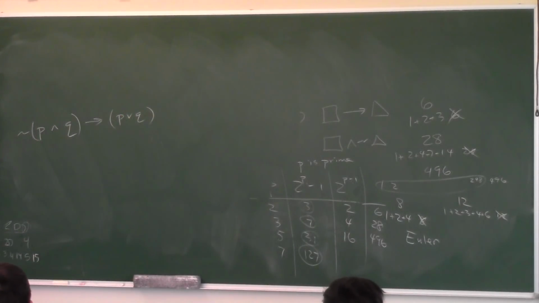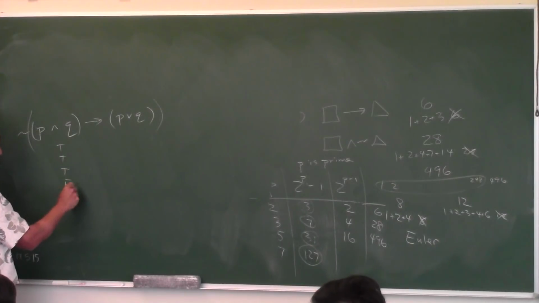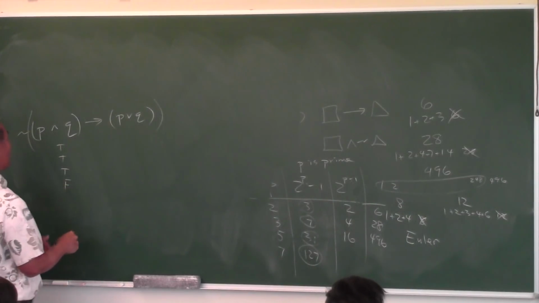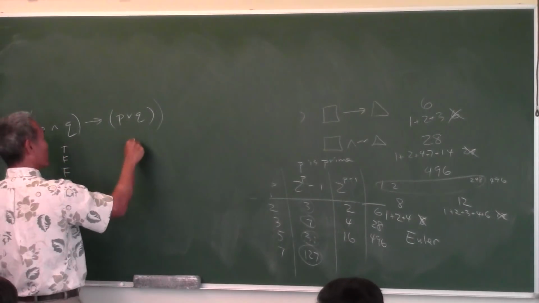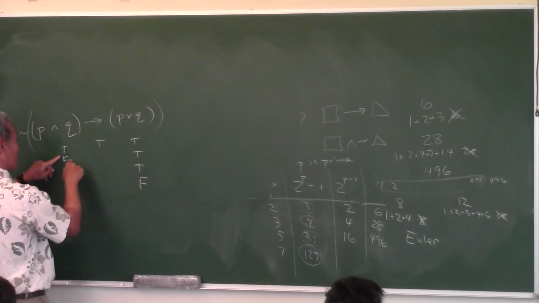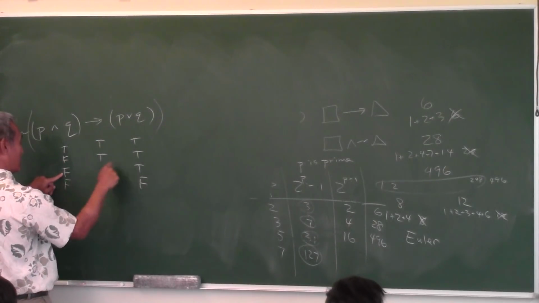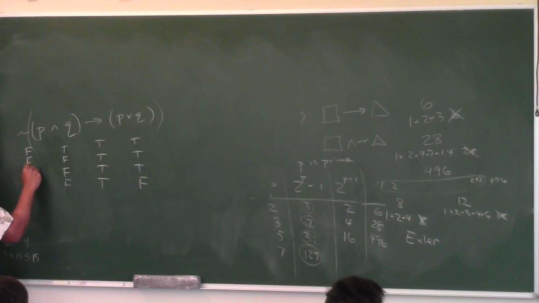No, I mean like you negate the whole thing. Negate the whole thing. Yeah. Okay, P or Q is true, false, correct? P or, no, this is and. This is true, false. P or Q is true, false. So this implies that is true, this implies that is true, this implies that is true, this implies that is true. So you negate the whole thing, you get false. Very good, it works.